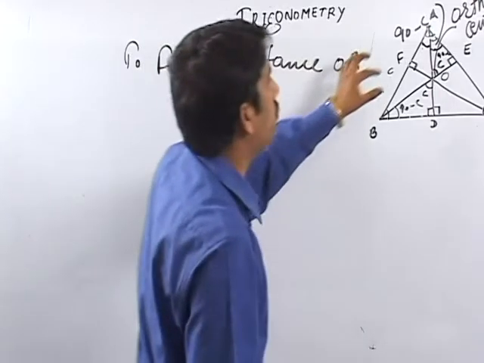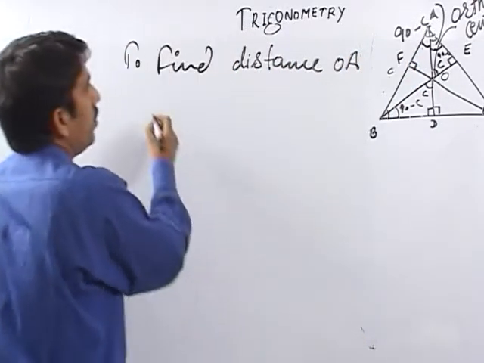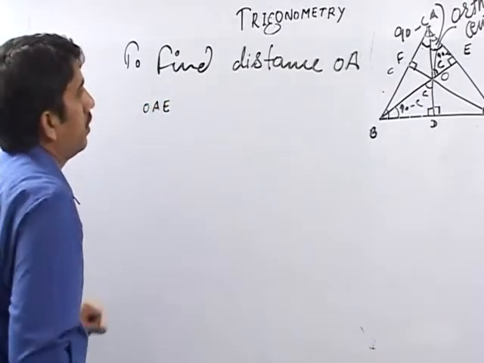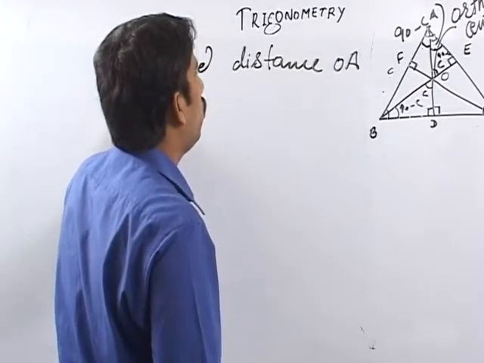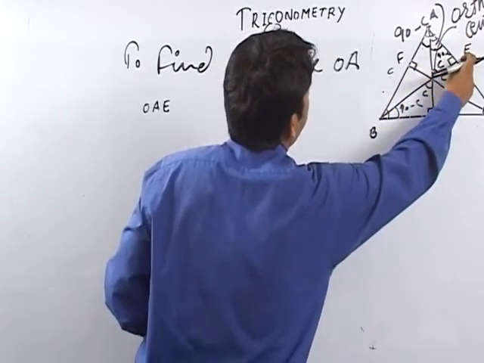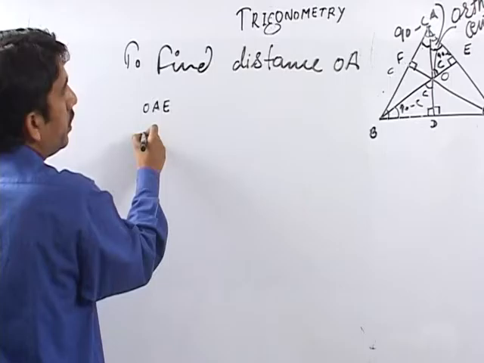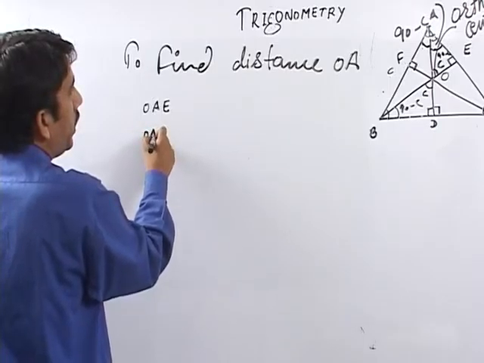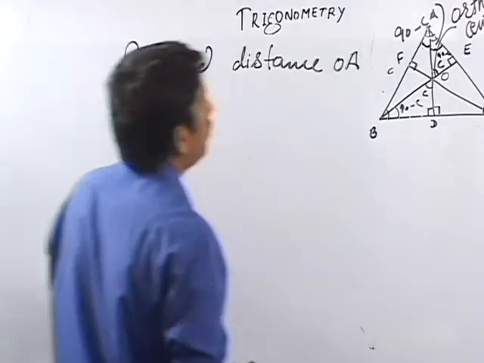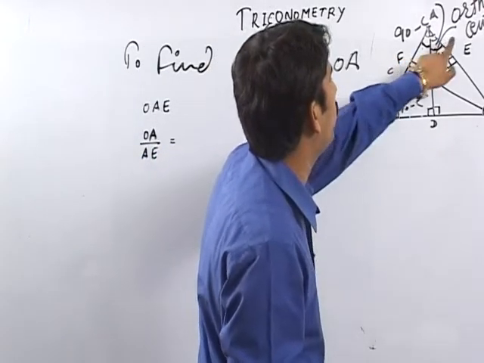so now to find out distance OA, we will take triangle OAE. Now in triangle OAE, we will write OA over AE is equal to what? This is hypotenuse over base.